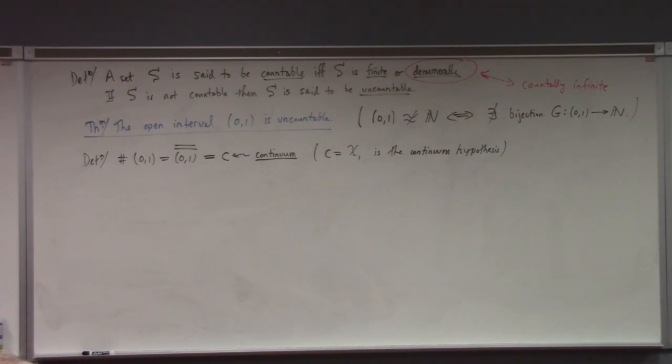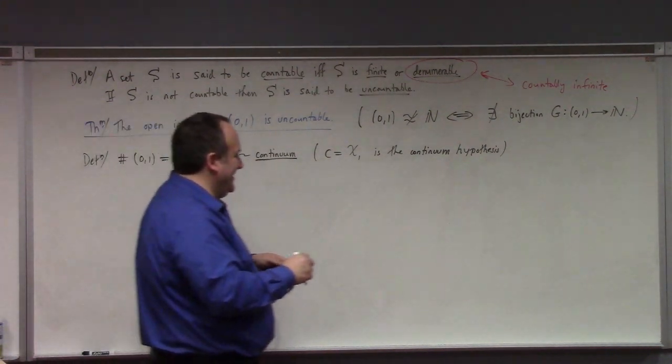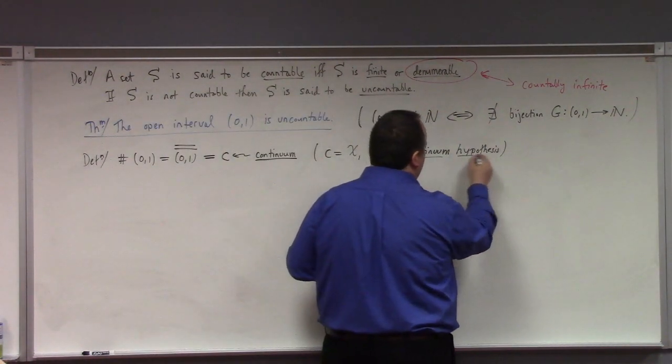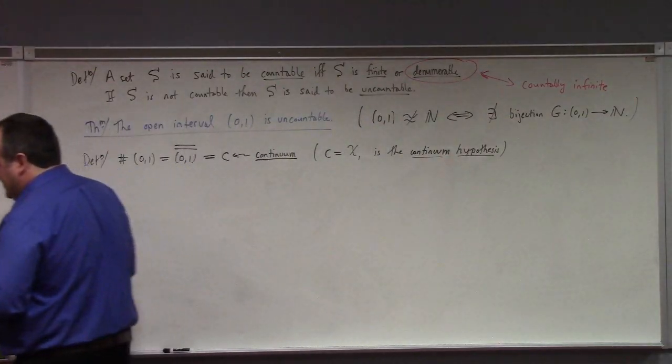The continuum hypothesis is the conjecture that there is no infinite set which has a cardinality between the natural numbers and (0,1), or, as we'll soon discuss, the real numbers. Whatever infinity describes the size of the natural numbers, and whatever infinity describes the size of the real numbers, the continuum hypothesis says there can be no other between those. That's it, as I understand it. If I'm wrong, let me know. This is not my wheelhouse.